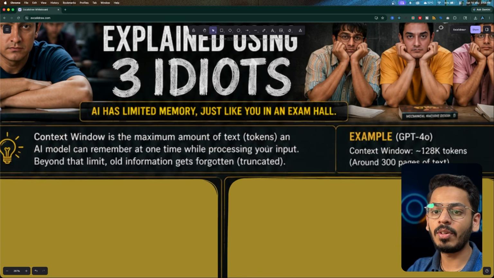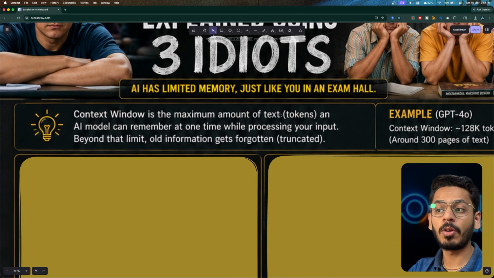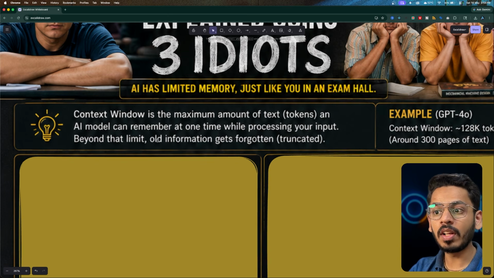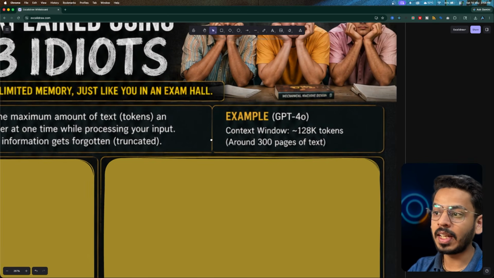So context window here is the maximum amount of text or tokens an AI model can remember at one time while processing your input. Beyond that limit, old information gets forgotten, or we can say truncated. For example, the GPT-4o model has a context window of 128,000 tokens, meaning 300 pages of text.